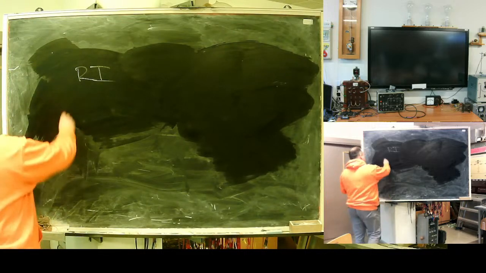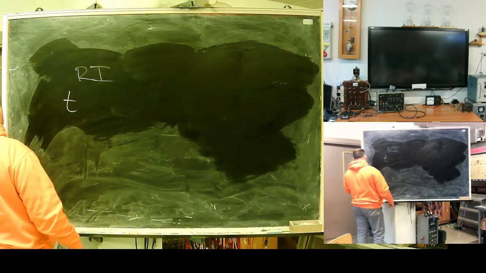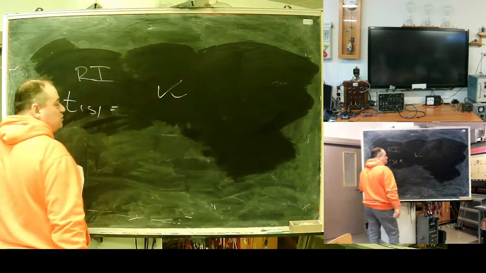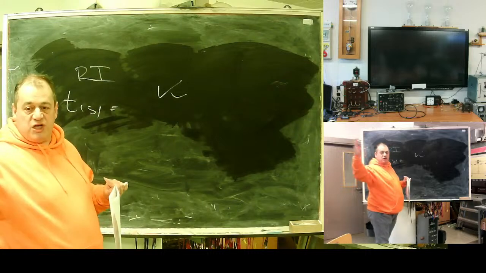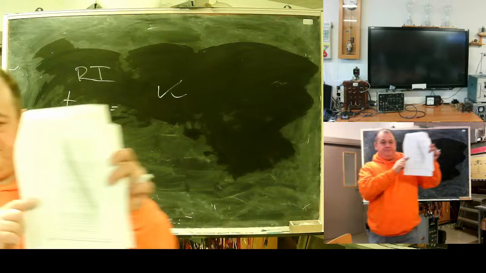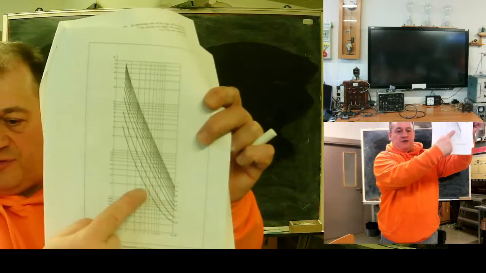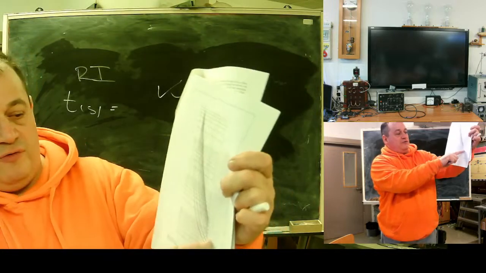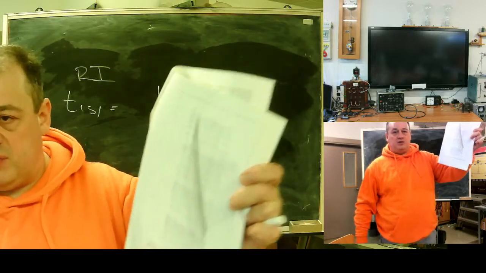For this type of characteristic, trip time in seconds is given by the time multiplier. You can choose it. You can shift the characteristic. Here is a set of characteristics. You can shift them up and down with the help of the time multiplier.